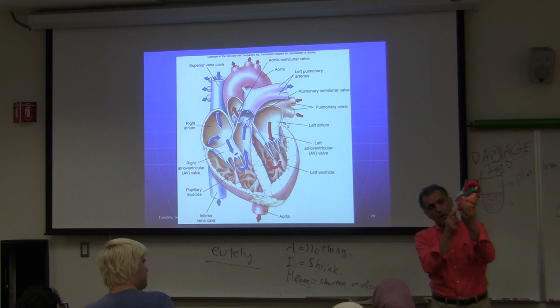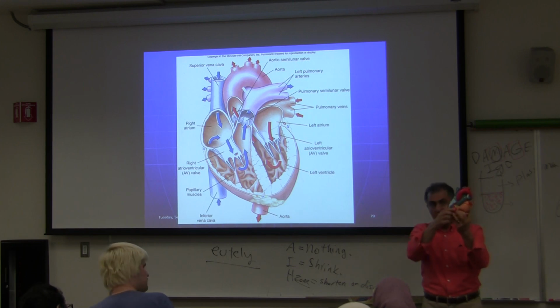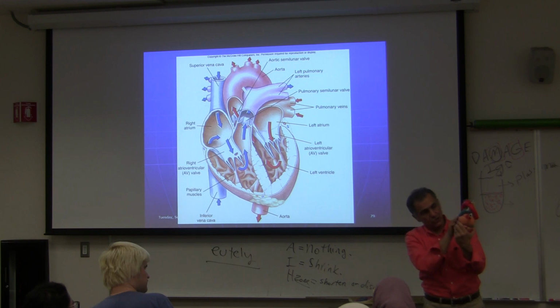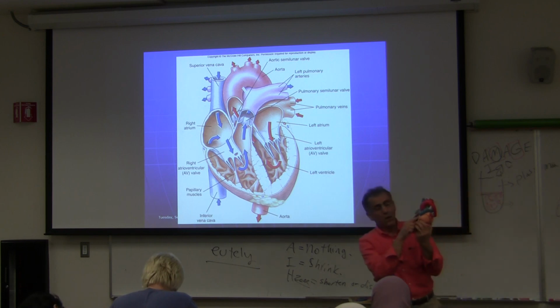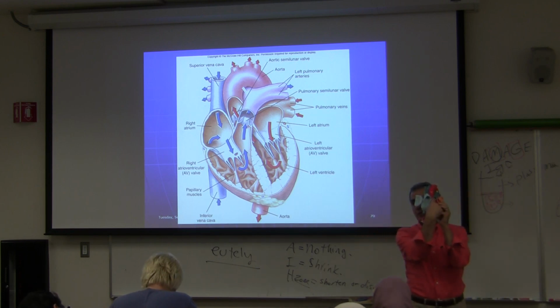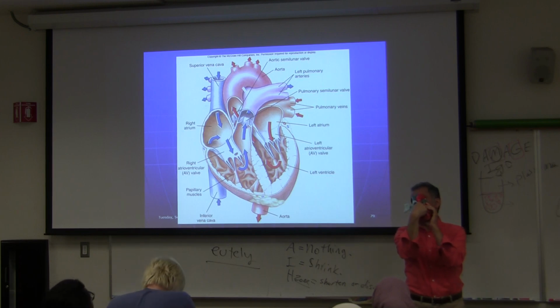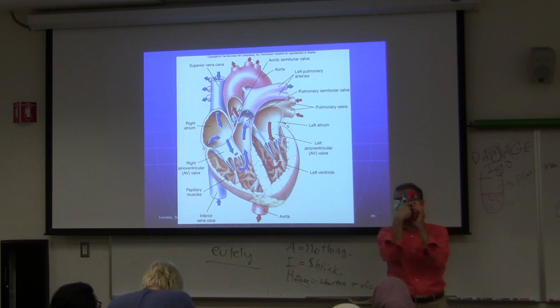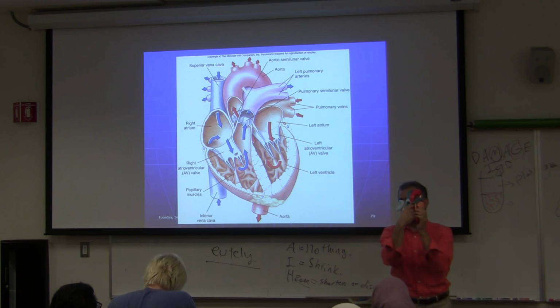So when the right ventricle contracts, squeezes, it pushes the blood into a valve right here. That valve is called the pulmonary semilunar valve. You guys see it a little bit? Blood from the right ventricle goes to the pulmonary semilunar valve.